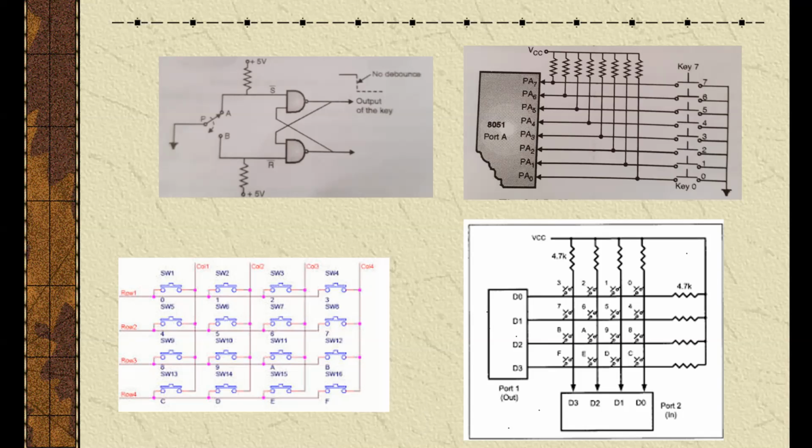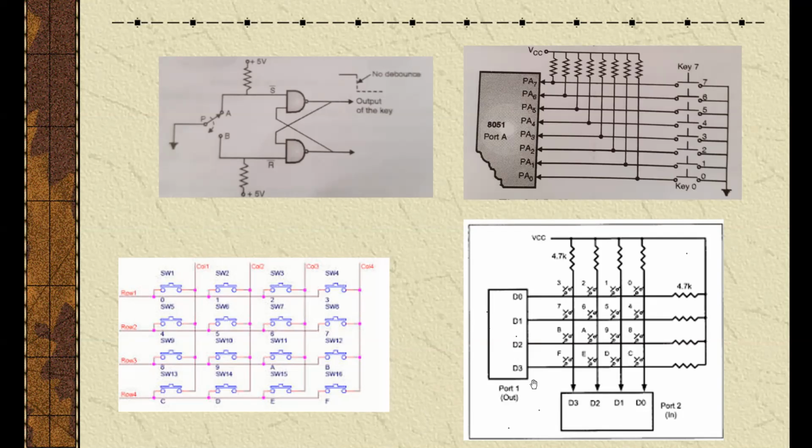The third step is to activate the key from the column, making the other column lines 0. First we send 0 and see whether all are 0 or not. Now I want to activate a particular column, so I make one column high and the other columns low.